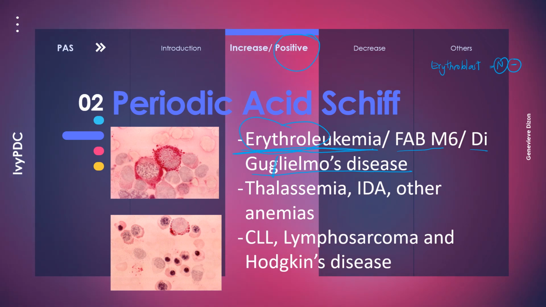Other conditions that give a positive staining of the nucleated red blood cells would be in thalassemia, iron deficiency anemia, and other hemolytic anemias like pernicious anemia, aplastic anemia, and polycythemia. In CLL and lymphosarcoma and in Hodgkin's disease, the lymphocytes contain an increased number of positive granules.